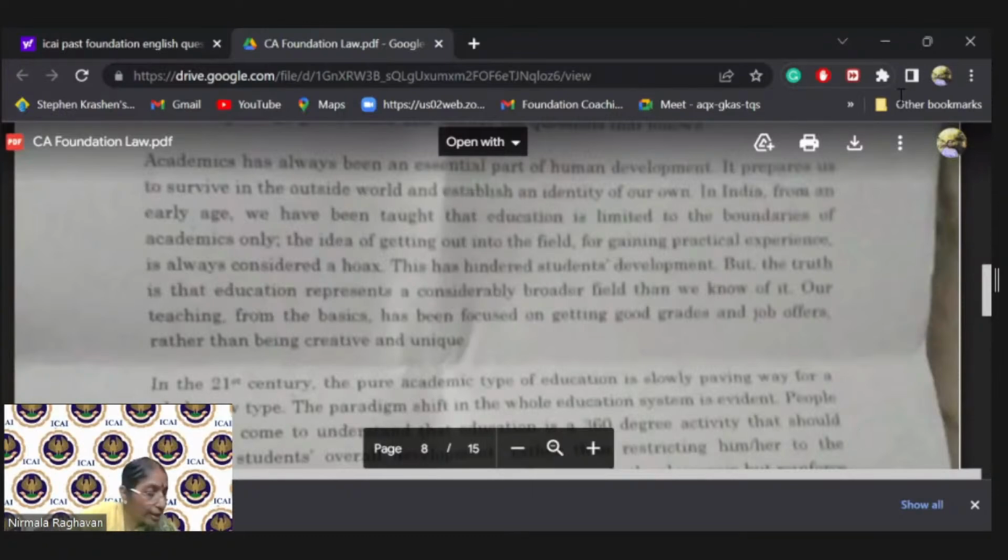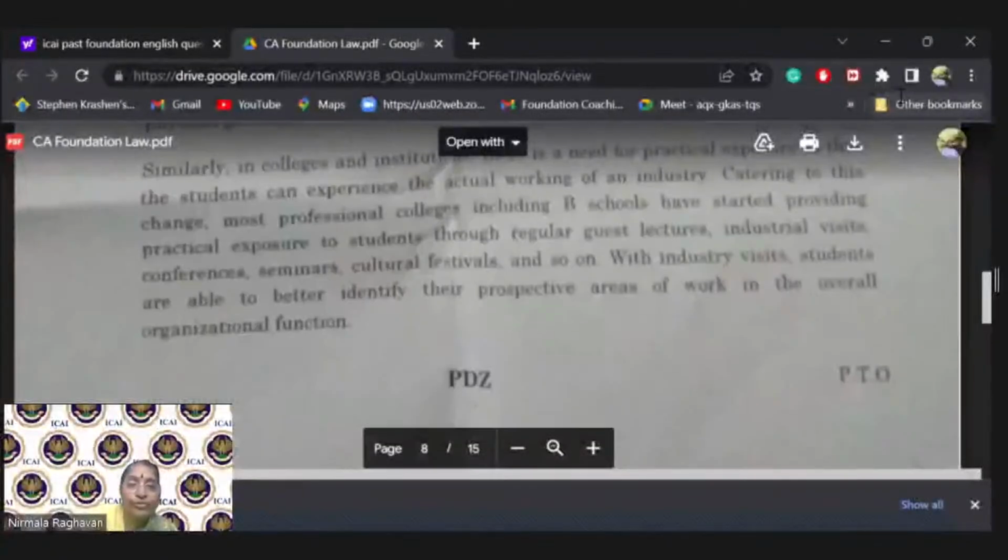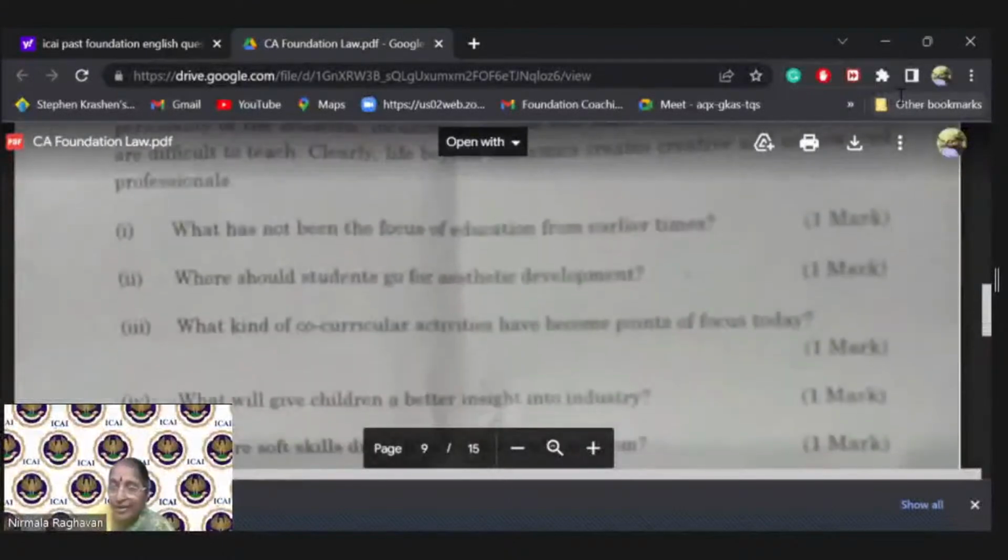Yeah, so you have a fair idea of what kind of passage and what kind of question. Each question carries only 1 mark, not more than that. You don't have to write paragraphs as answers. Please remember that. Maybe in the mobile you're not able to see it.